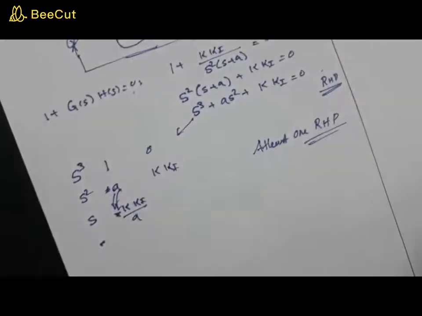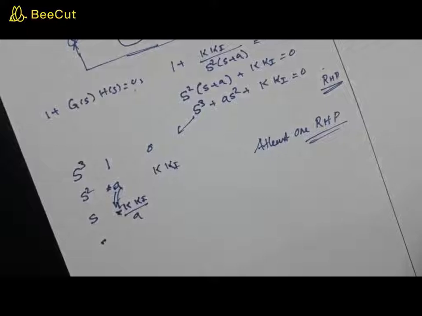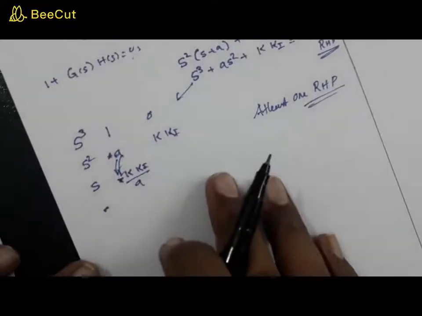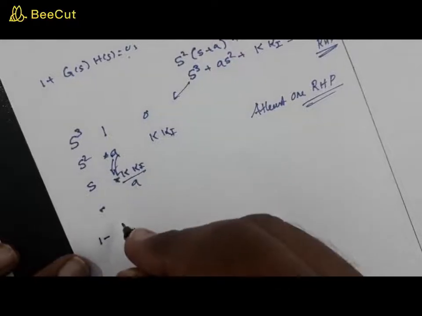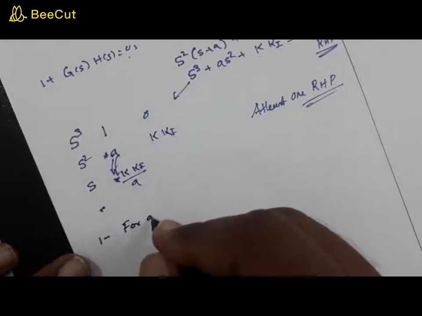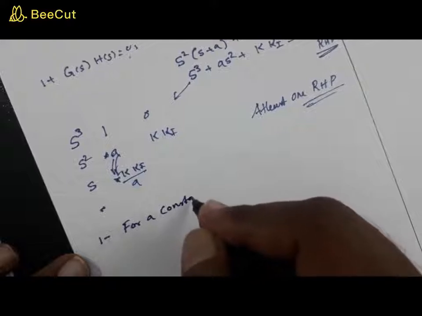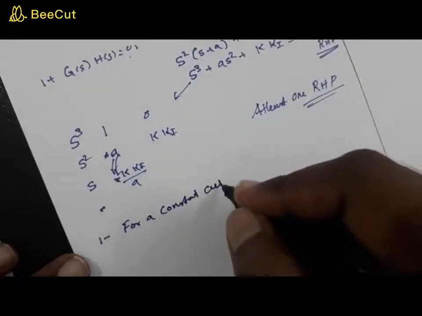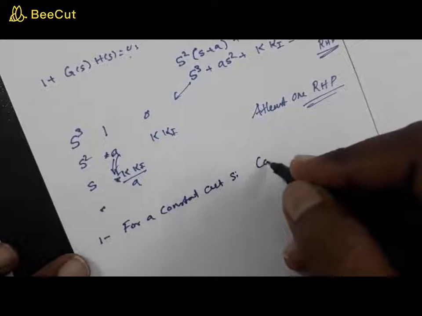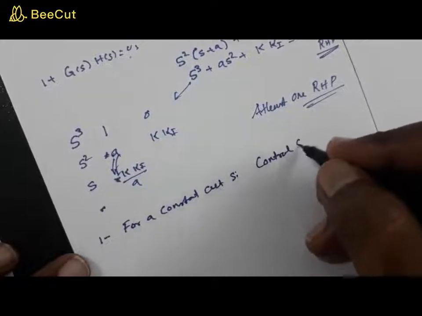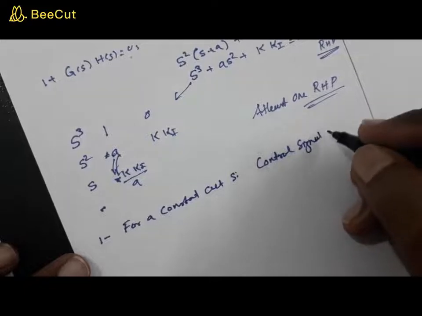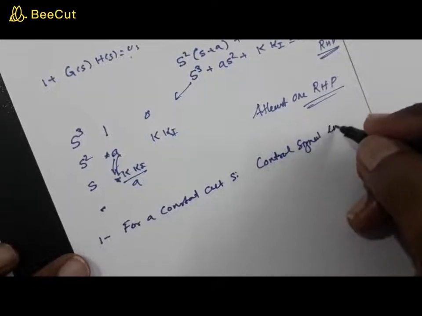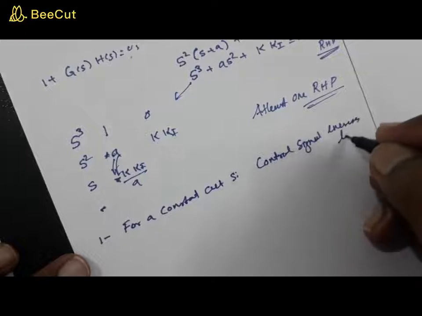Okay, so that's the impact. Now you can summarize this. Number one, for a constant actuating signal, the controller provides a control signal which increases linearly.